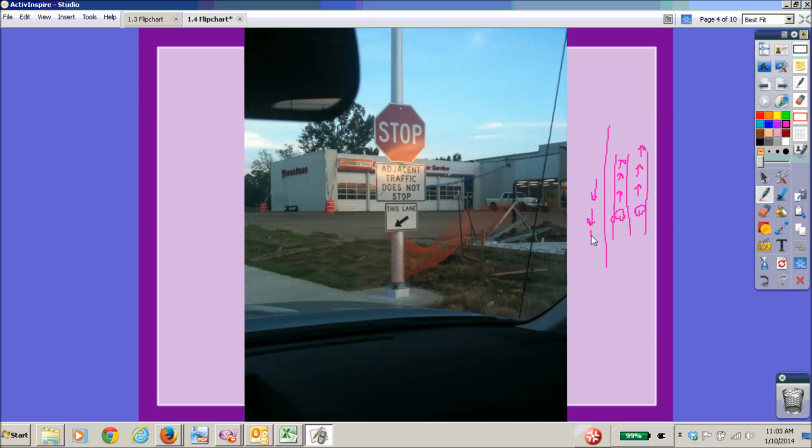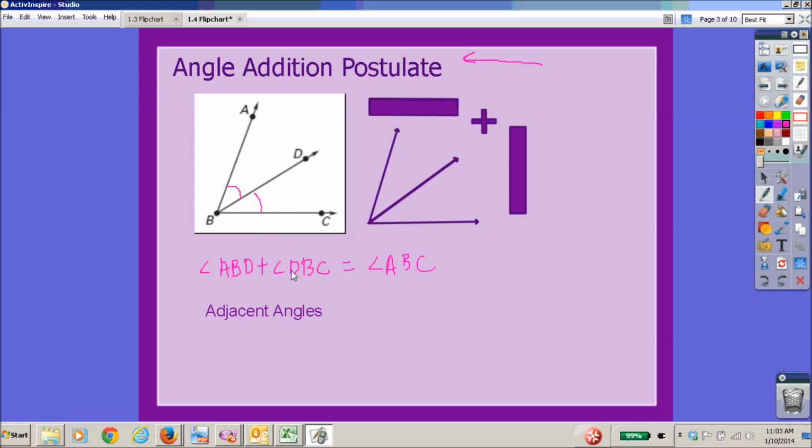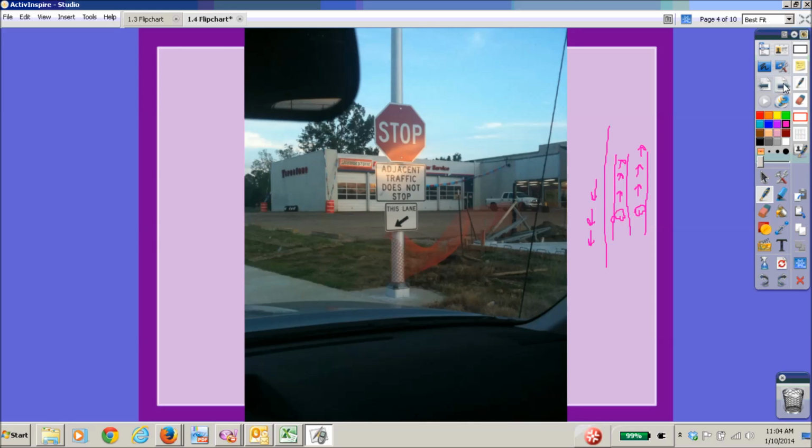These cars will be going this direction. So these are adjacent traffic. They share a side. Same thing with an angle. If they share a side, they're called adjacent angles. So they share a side and vertex. They share BD or DB, and they share the vertex B. So they're called adjacent angles.